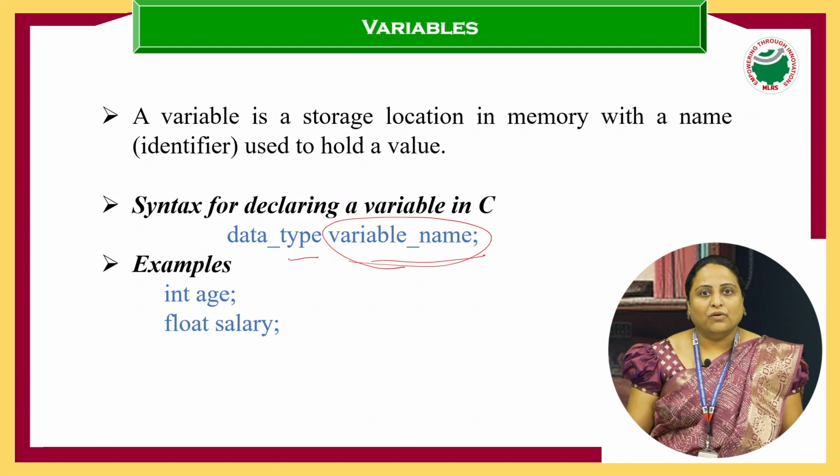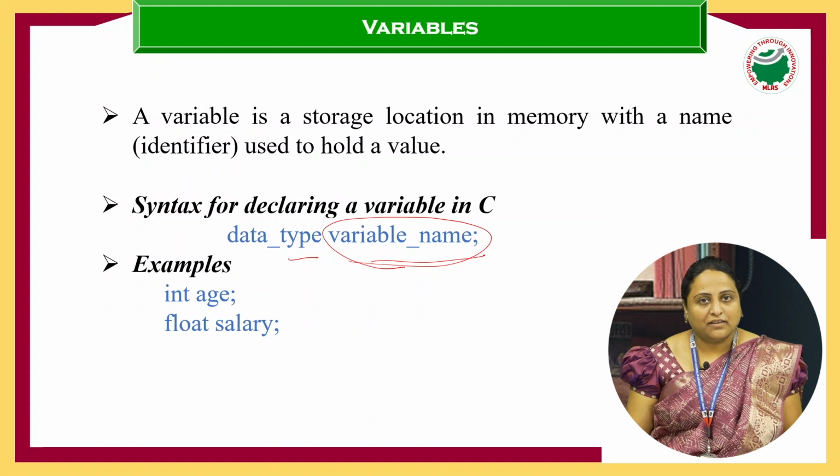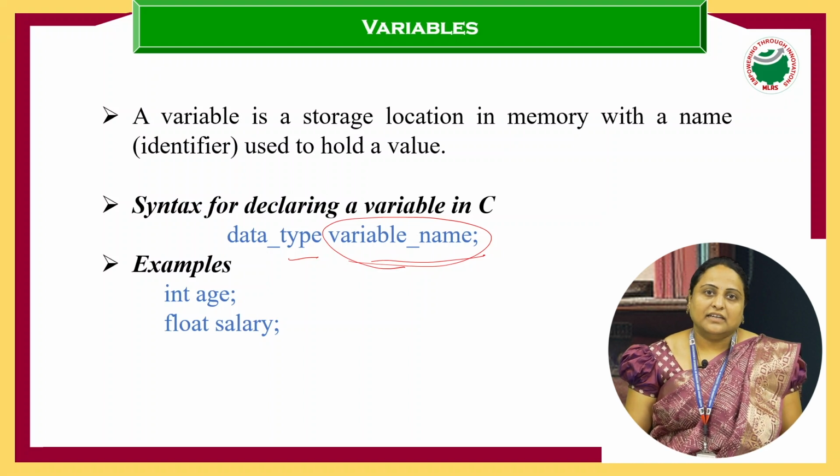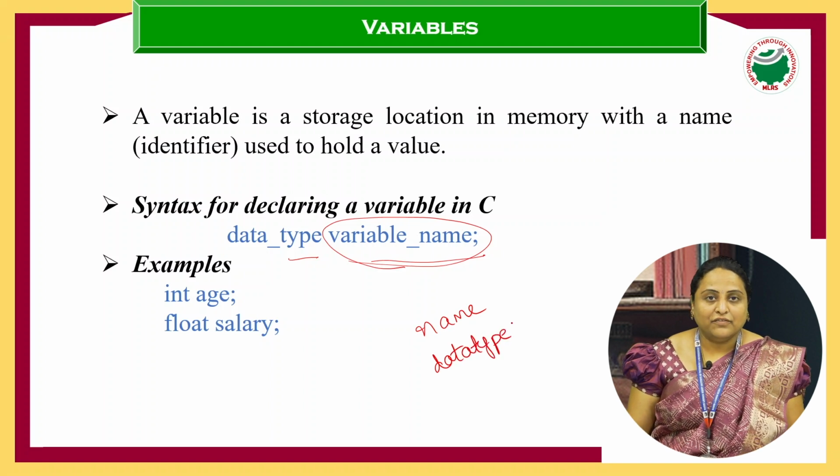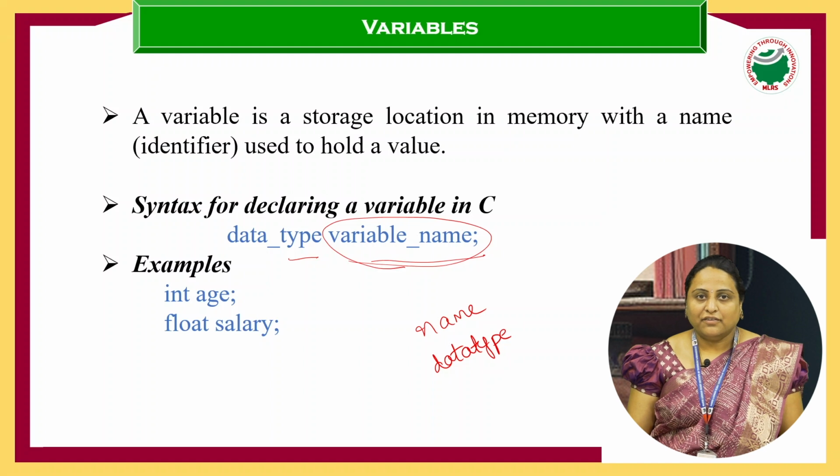For example, if you want to use a particular variable to store integer values, then the data type will be integer. Or if you want to store character type of values, the data type will be character. So a variable should be associated with some name, and it should be associated with some data type also. The data type will tell what type of value we are going to store in that particular variable.